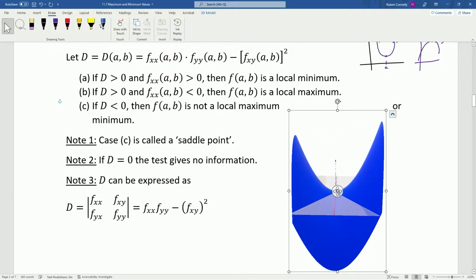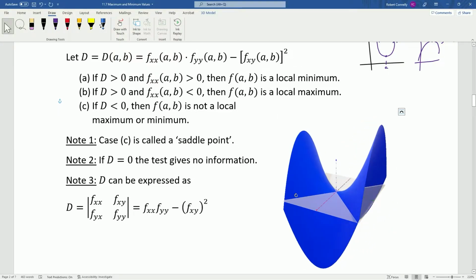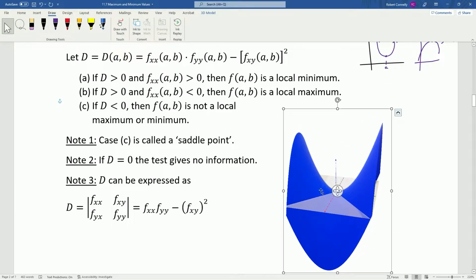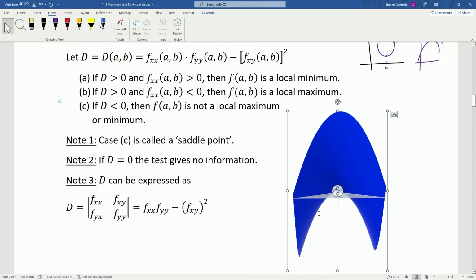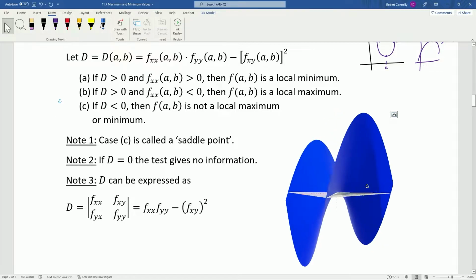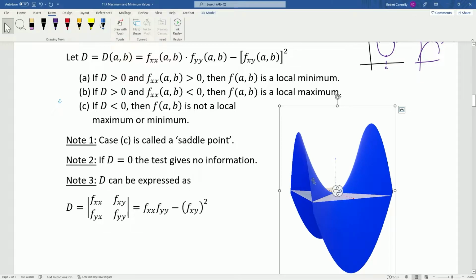So if you see at (0, 0) here, along the y direction, you've got the graph curling upwards. And along the x direction, you've got the graph curling downwards. So D is going to be negative here. And you end up in a situation where you don't have a local maximum or a local minimum at that point.